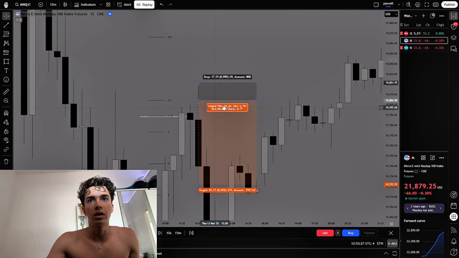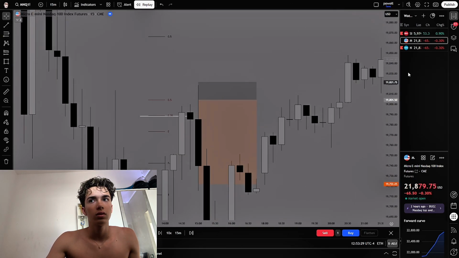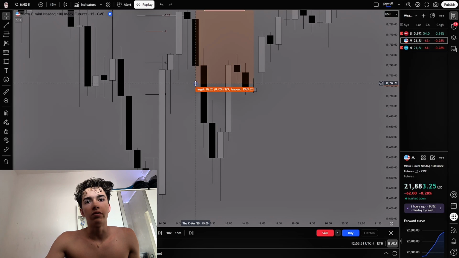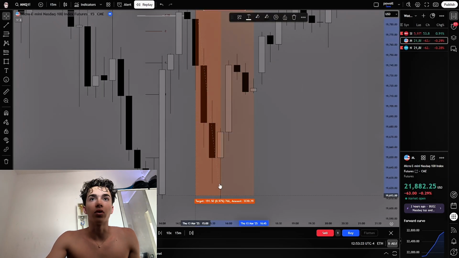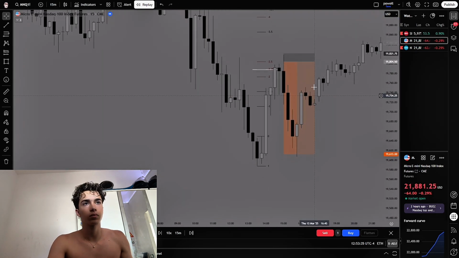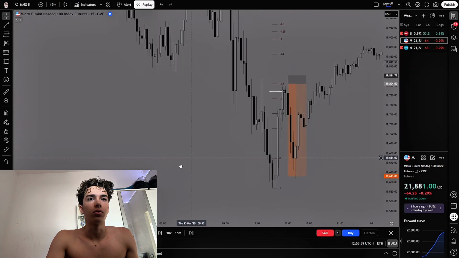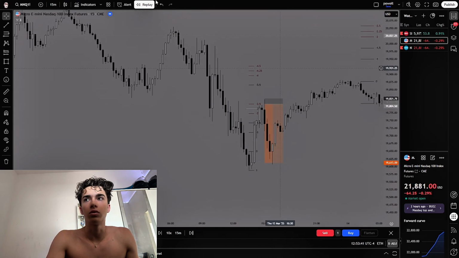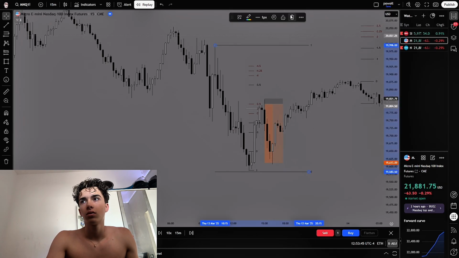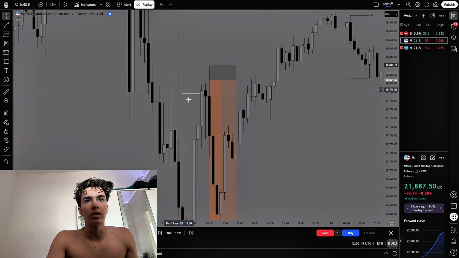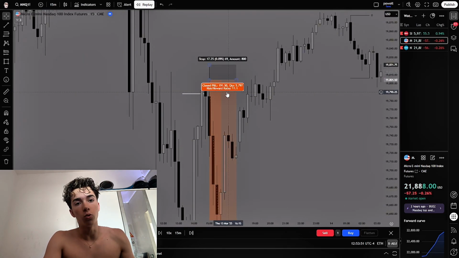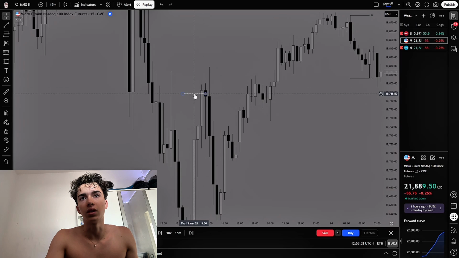Not a really great stop loss, but it delivered a 200-point TP. Okay, here we didn't really have other confluence aligned, so it wasn't really a great trade at all, but we had engineered liquidity, so as simple as that, you could have taken it basically.